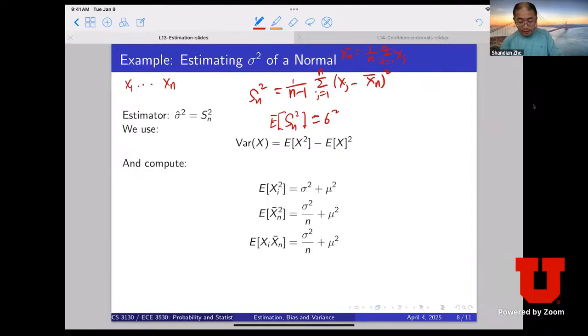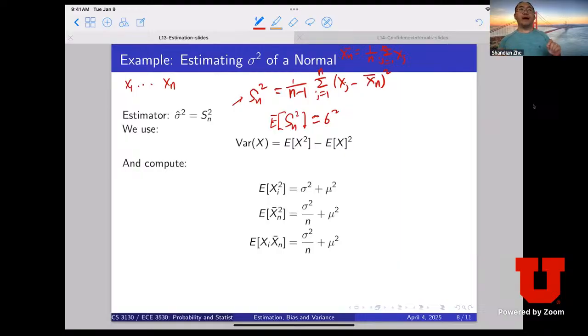Again, the sample variance is a function of the random variables x1, x2 to xn, so it is a random variable, and if we take its expectation, it gives you exactly the true variance of each individual random variable. Everyone understands the statement here, right?